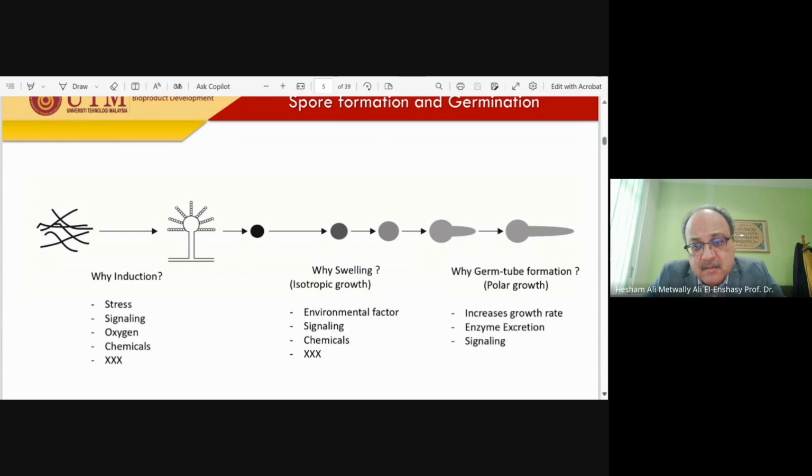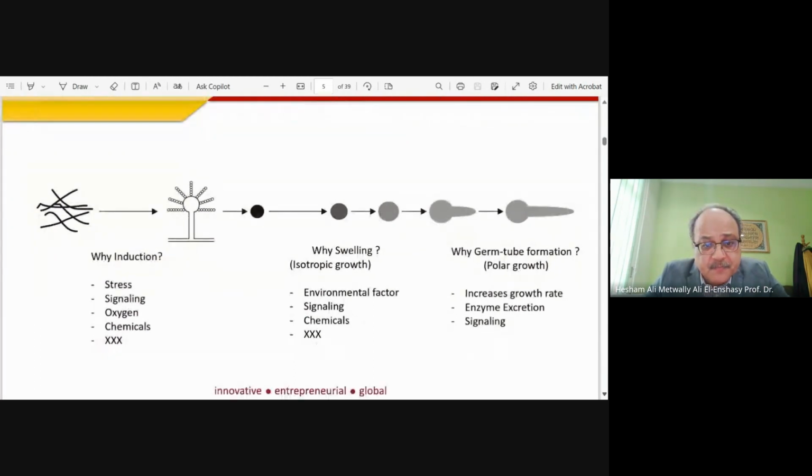With increased growth rate, like in a bowl, you're going to increase pressure. In some parts of the wall, which is a weaker part, it is going to make an elongation. This is exactly the kinetics of the formation of the germ tubes. It's increased growth rate and enzyme excretion and signaling. Then this is making a germ tube.